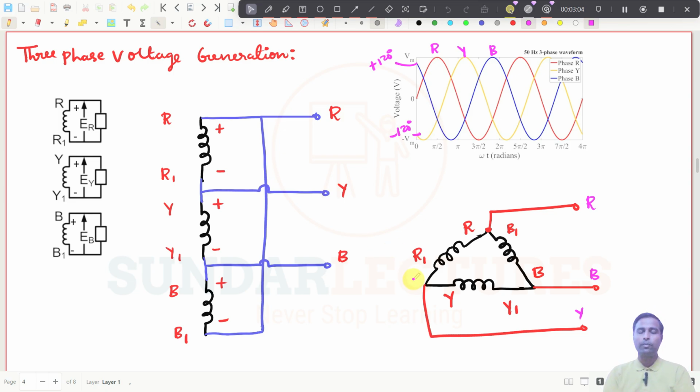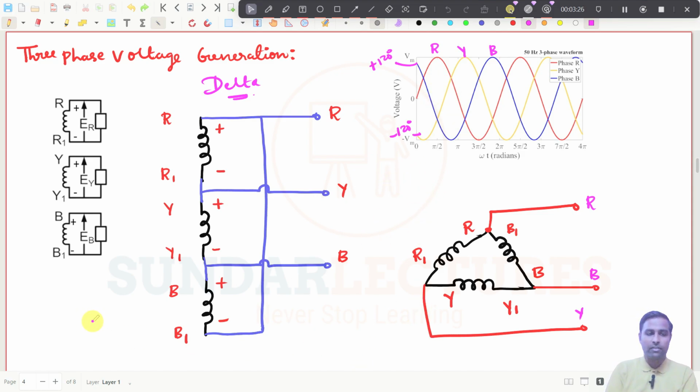That is the difference. But in star connection, we will call this as delta connection. So this is how we will connect a delta connection in a three-phase voltage generation system. So star and delta, in both cases, the phasor diagram will be like this.